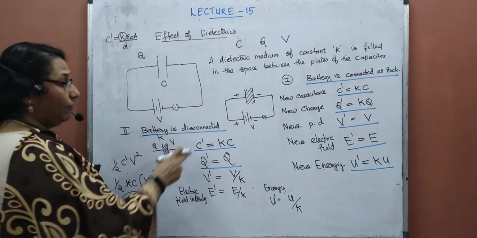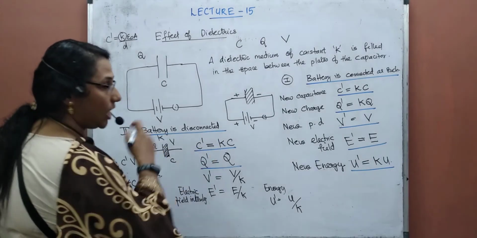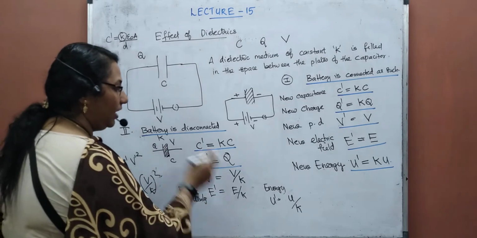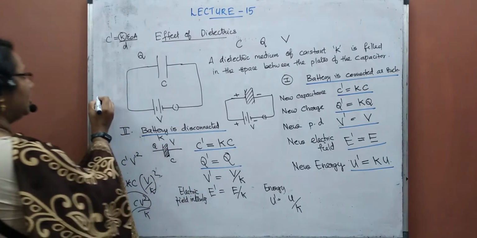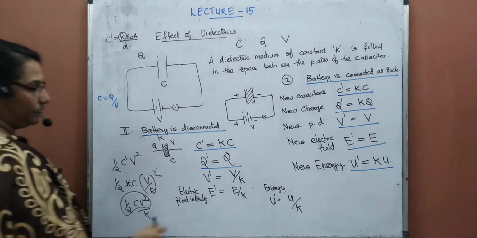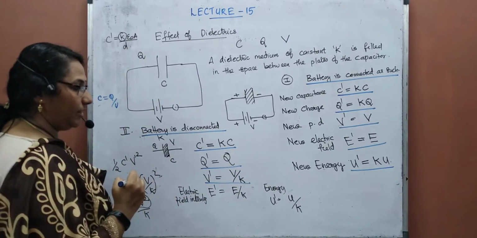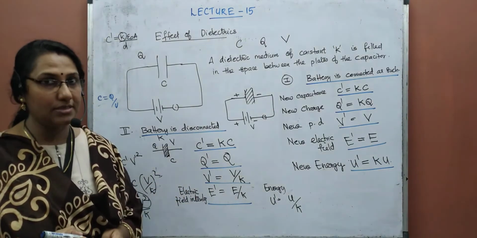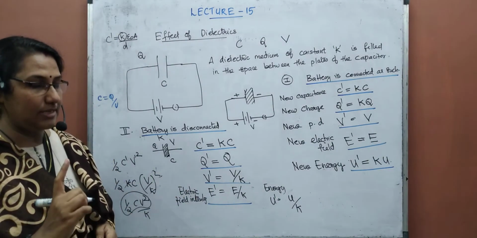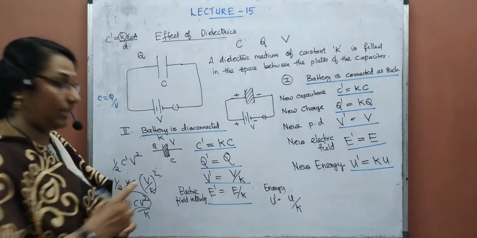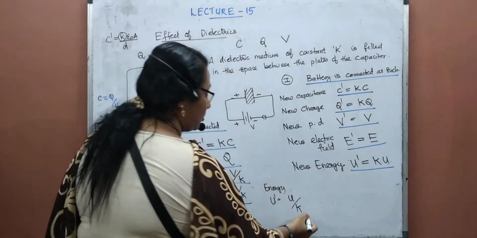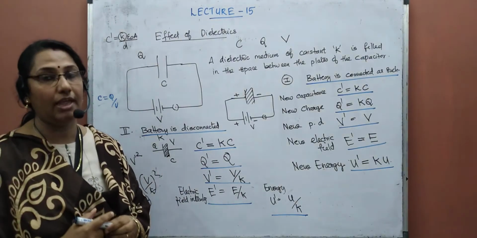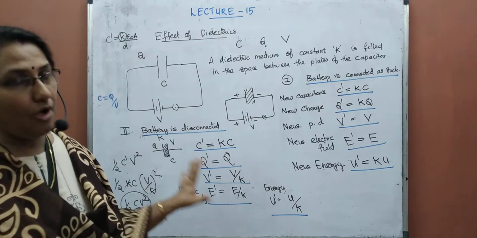For a higher capacitance, Q charge is stored, so the potential across the plates decreases by K, from the equation C is equal to Q by V. Since the potential decreases by K, the electric field intensity also decreases by K because electric field intensity is the negative potential gradient. They are directly proportional. And energy also decreases by K according to the equation half CV square. Is it clear? Pause the video and take the notes.